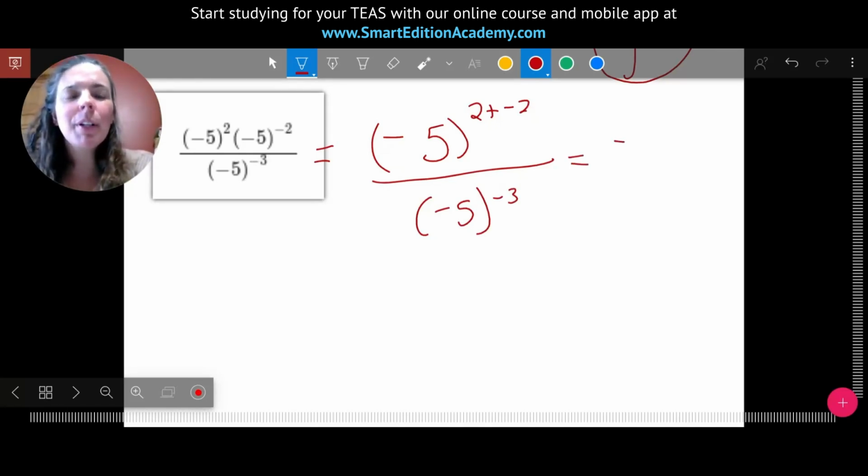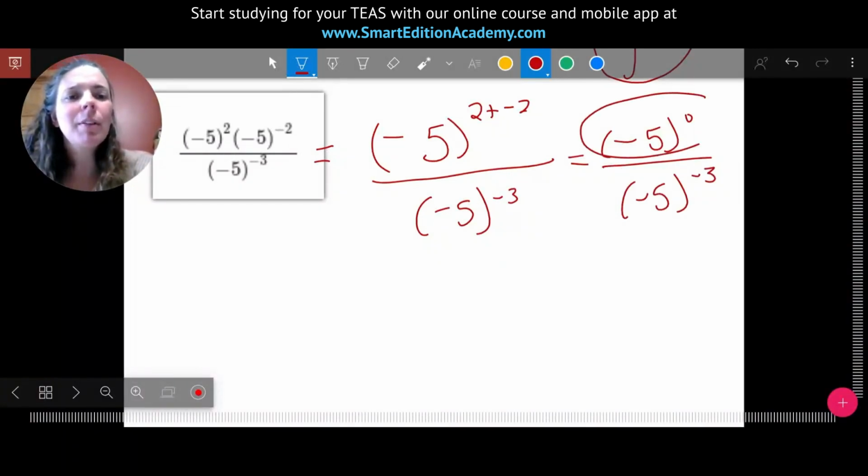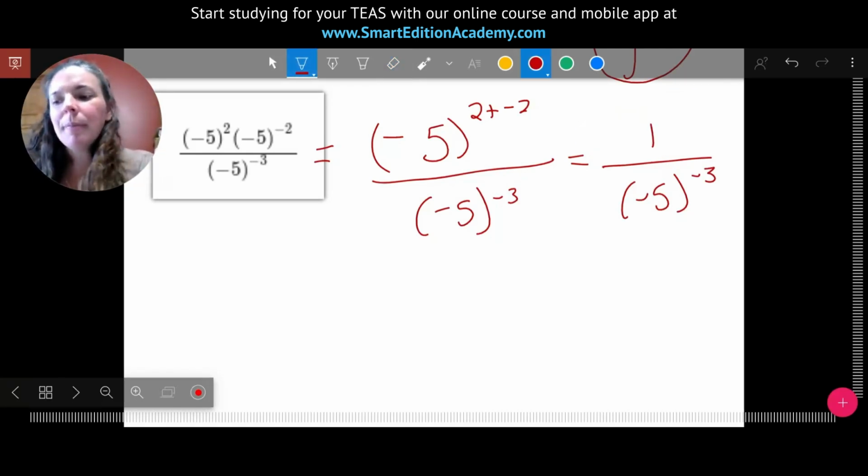Do you remember what negative 5 to the 0 power would be? Or anything to the 0 power? Go ahead and drop it in the chat if you remember. What could I simplify this top part to? Negative 5 to the 0 power. Yeah, so if you remember, our 0 power rule is just that anything to the 0 power is 1. So this is just really 1.